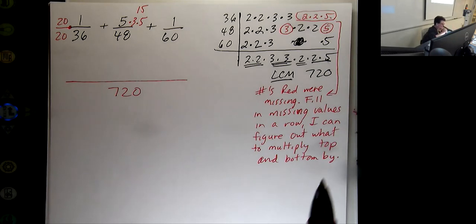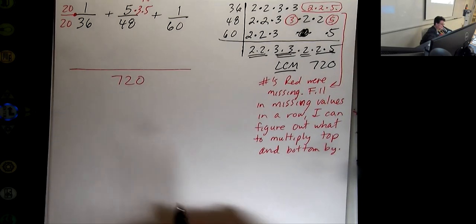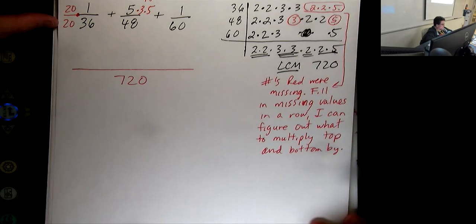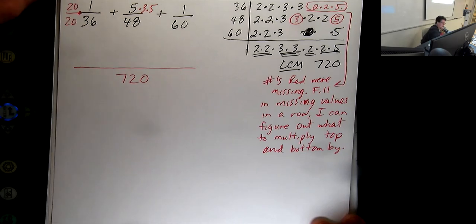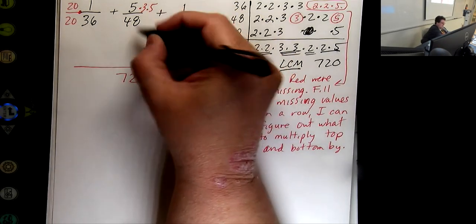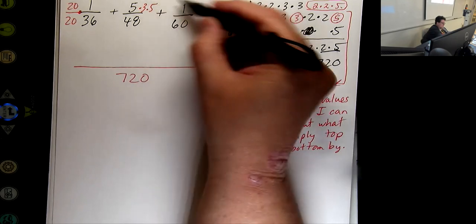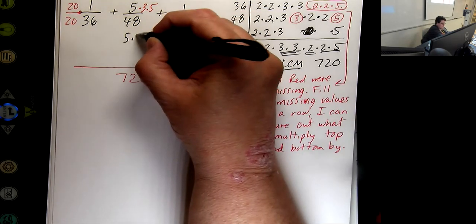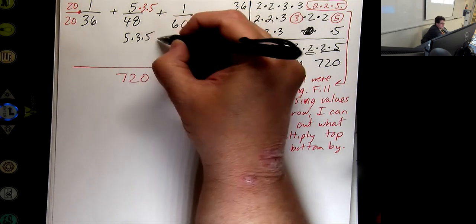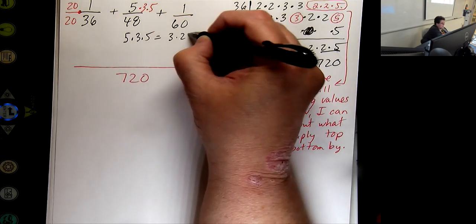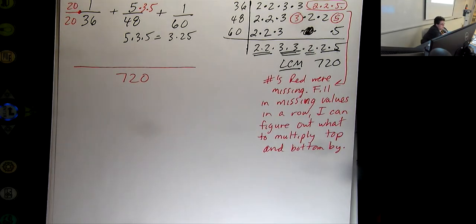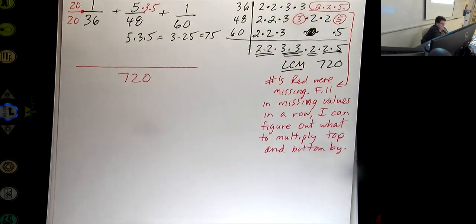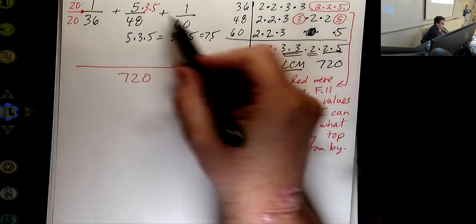So I knew I had to multiply by 5, and I could do the 15. But I recognize that if I left it as 5 times 3 times 5, this is 3 times 25. And 25 is a quarter, and I know how much 3/4 of 100 is. That's 75. So if I leave it, that's easier for me to do in my head than 5 times 15.